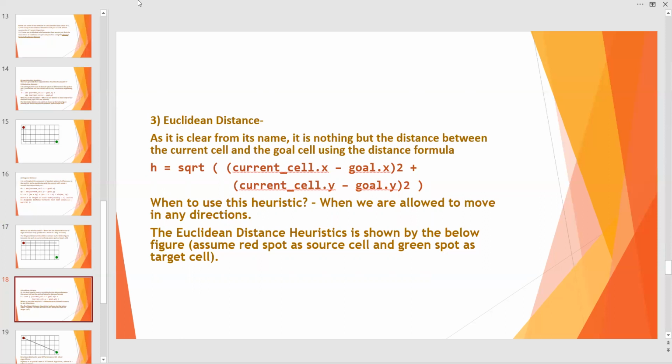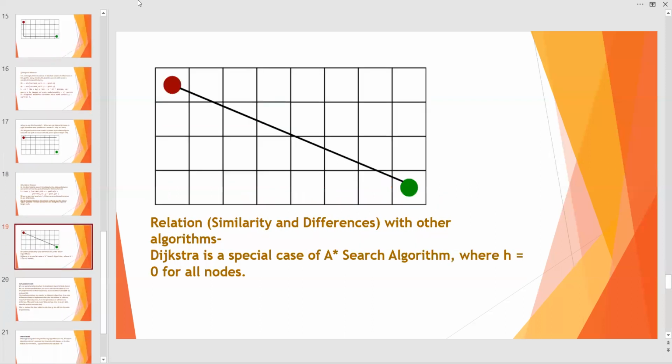When to use this heuristic? When we are allowed to move in any direction. The Euclidean distance heuristic is shown by the figure below. Assume the red spot as the source cell and the green spot as the target cell.